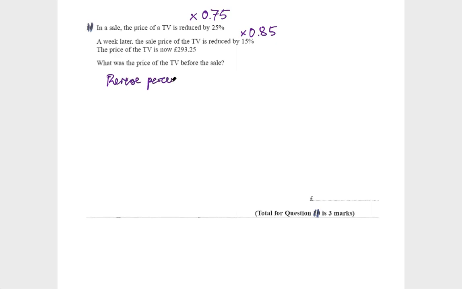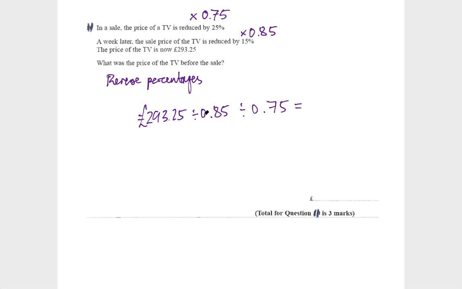So this is reverse percentages. We look at what we would have done forwards, which is multiply by that and then by that, and we do the reverse. So 293.25 divided by 0.85 divided by 0.75. That's going to make the answer bigger, which is what we want, because if you divide by something that's less than 1, you get an answer that is bigger.